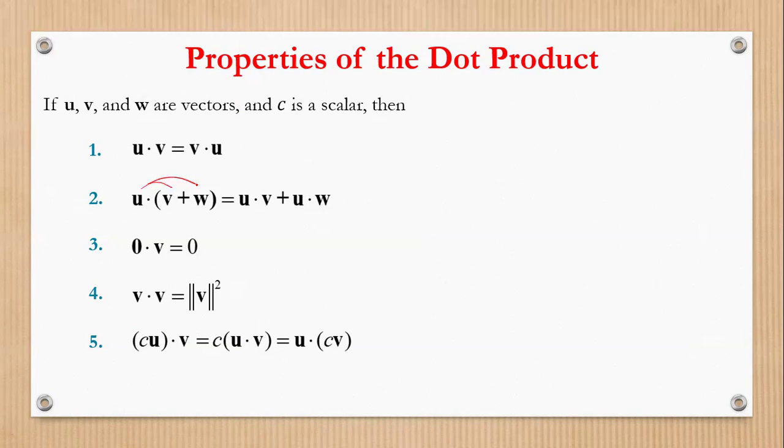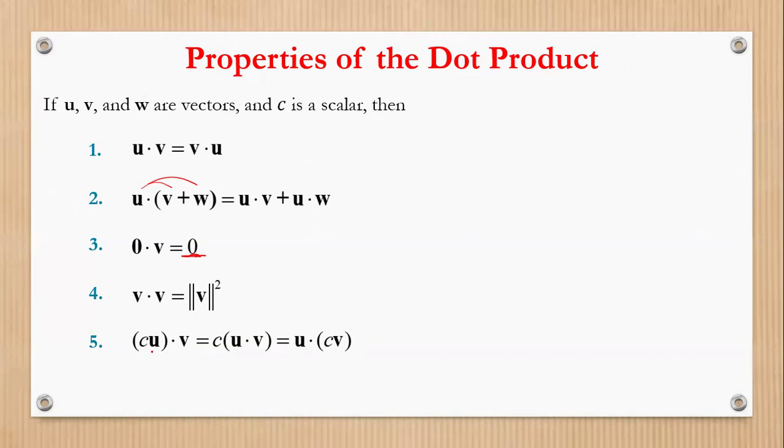If we find the dot product of the zero vector with the vector v, the result is just 0. And we know that the result of a dot product is always a number, not a vector. So the result is just the number 0, not the vector 0. Next, the dot product of a vector with itself is the square of its magnitude.